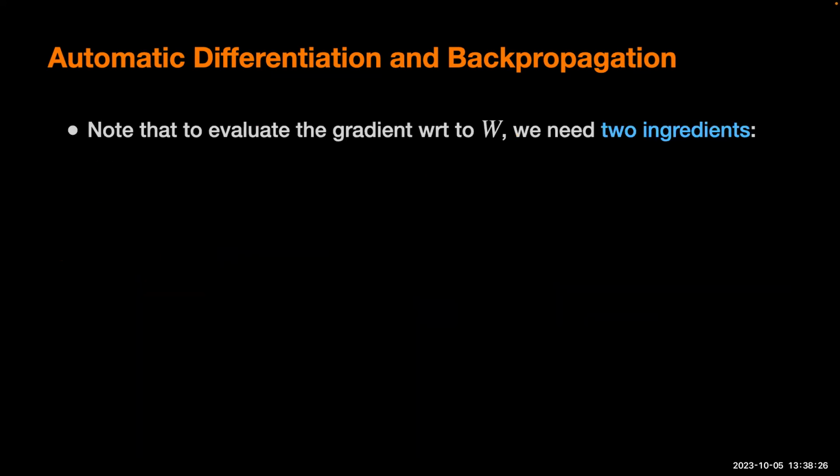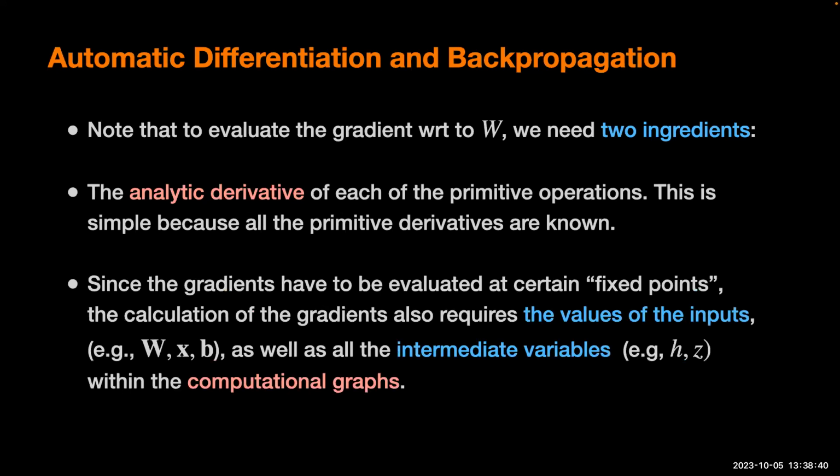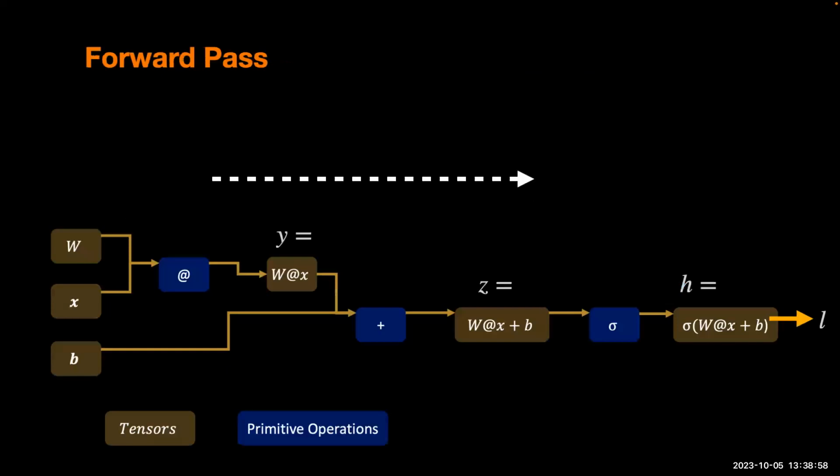But you still need two ingredients. One is that you need to know how to do the differentiation for individual steps. And that is trivial because we have decomposed it into primitive operations. The other thing that's more tricky is that when you calculate a numerical gradient, you are evaluating at a certain point. If I do dL/dW, I am doing it at the current W. But if I decompose this into all these simple operations, then I need to calculate the intermediate values.